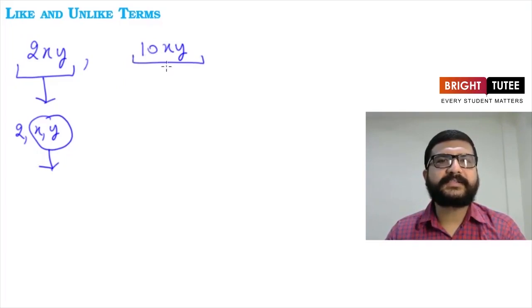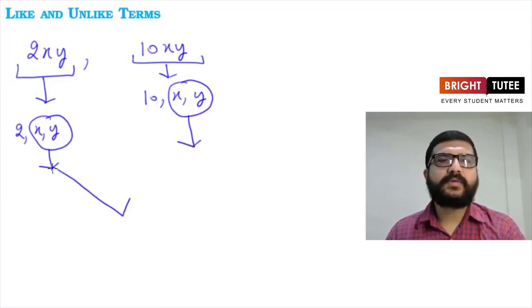And then the second term, here it is 10xy. What are the factors for this term? They are 10, x and y. Now again here also algebraic factors are x and y. As we can see, the algebraic factors of both the terms are exactly the same.